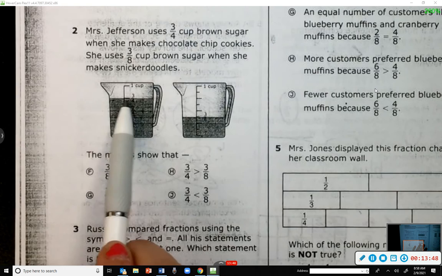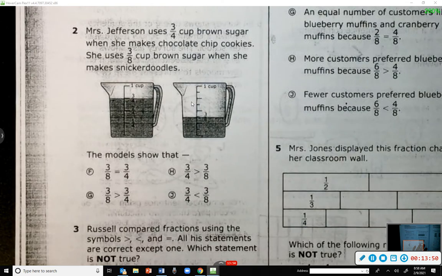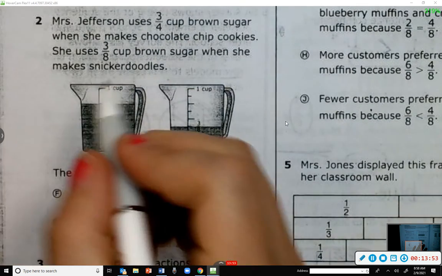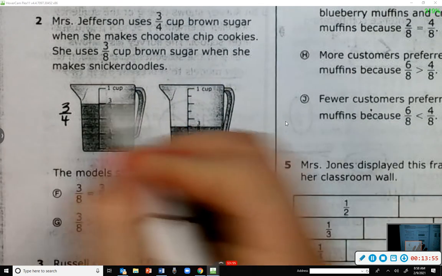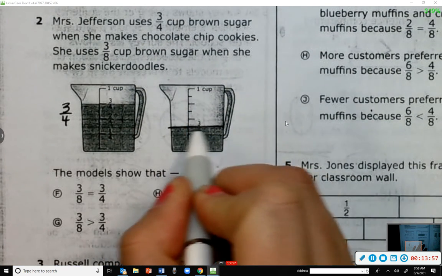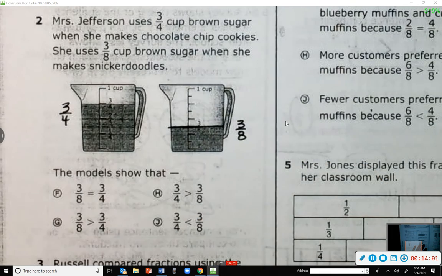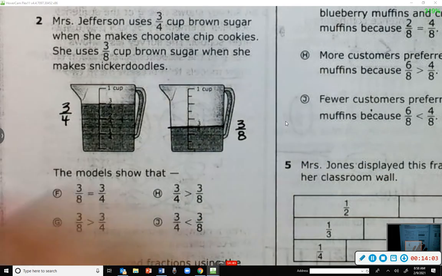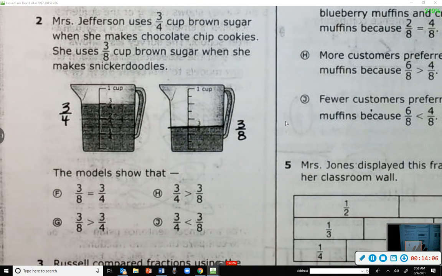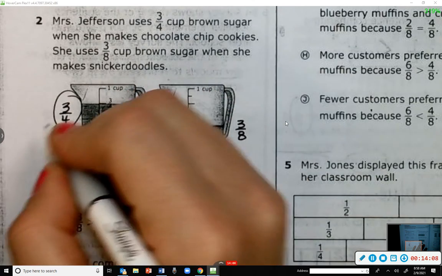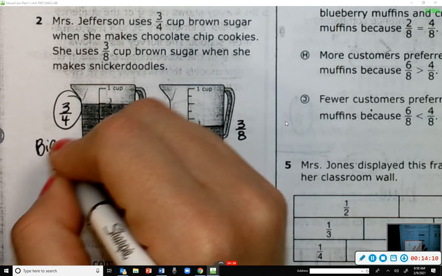You gotta look at your paper because it's kind of hard to see on mine. It's shaded to 3/4. Okay, and then over here it stops at 3/8. Which one has more? 3/4. 3/4 is bigger, right? Because it has more in the cup.